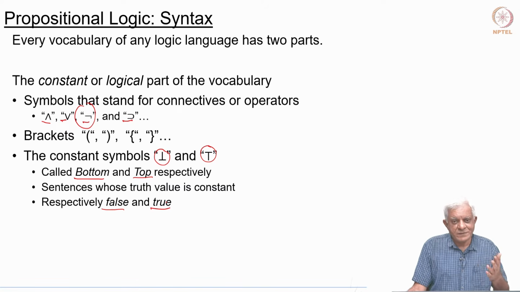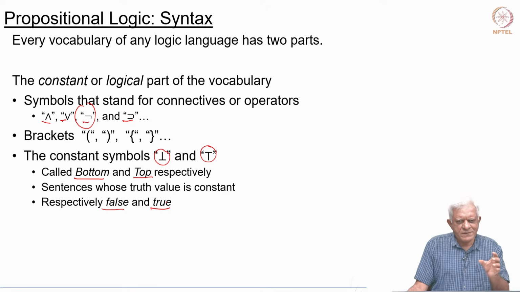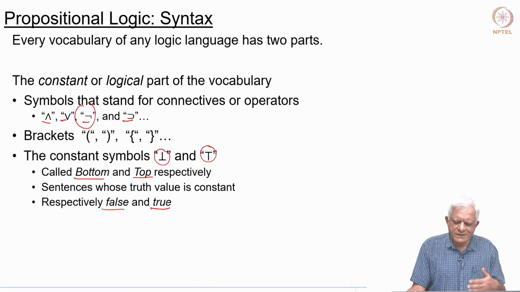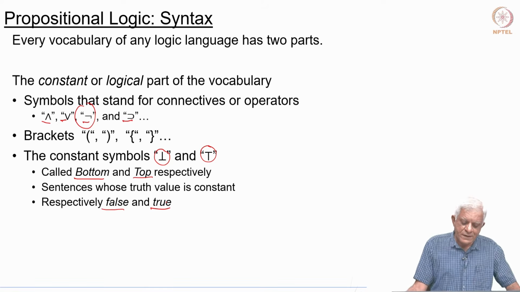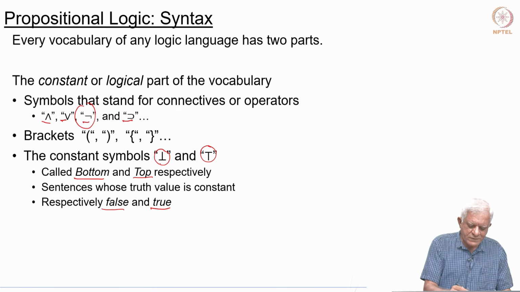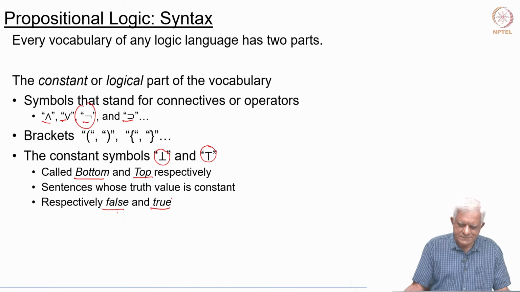Again, there is a distinction between the number 0 and the symbol 0. But if you have a symbol called x, which is a variable, then it could stand for any number. Likewise, the sentences in our logic can have any truth value except the constant symbols, which will always have the same truth value: bottom will have false and top will have true.